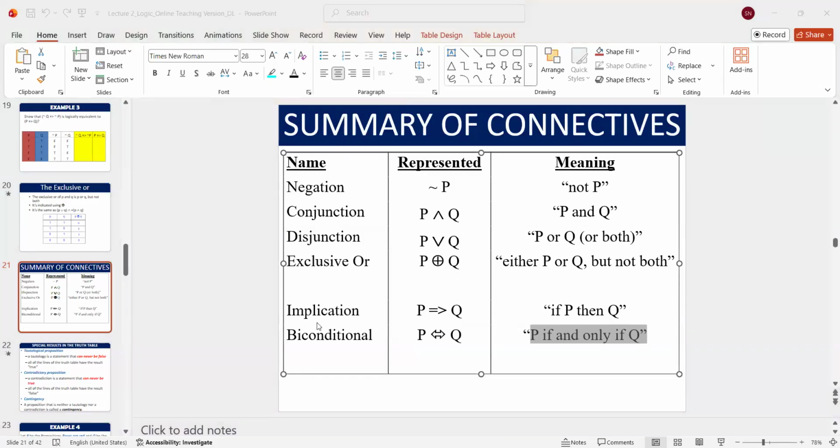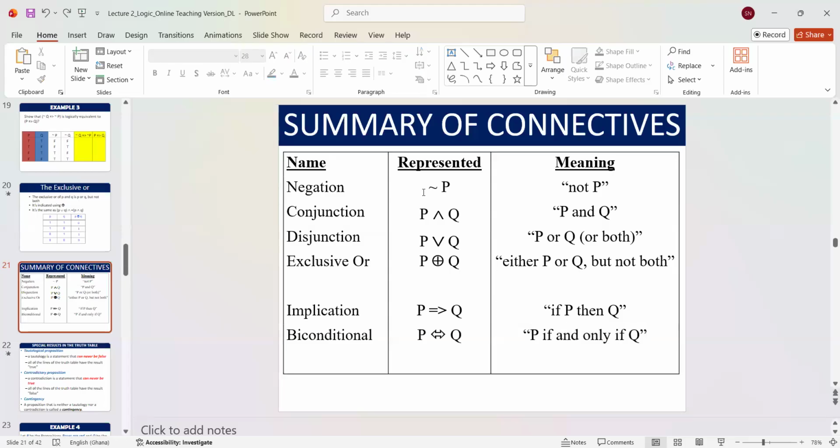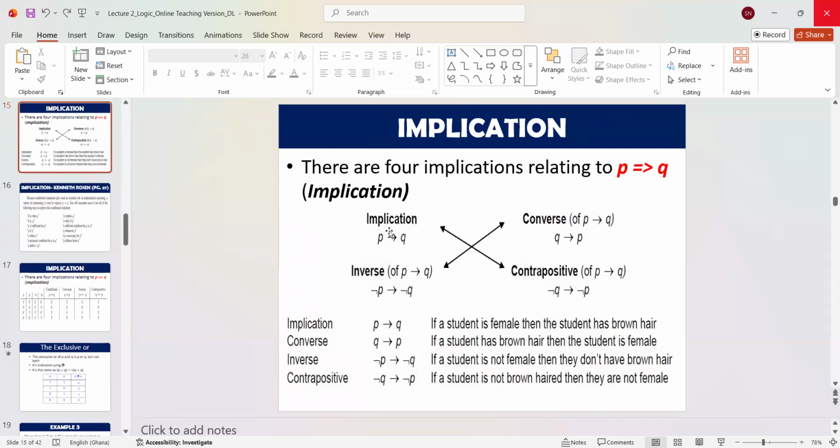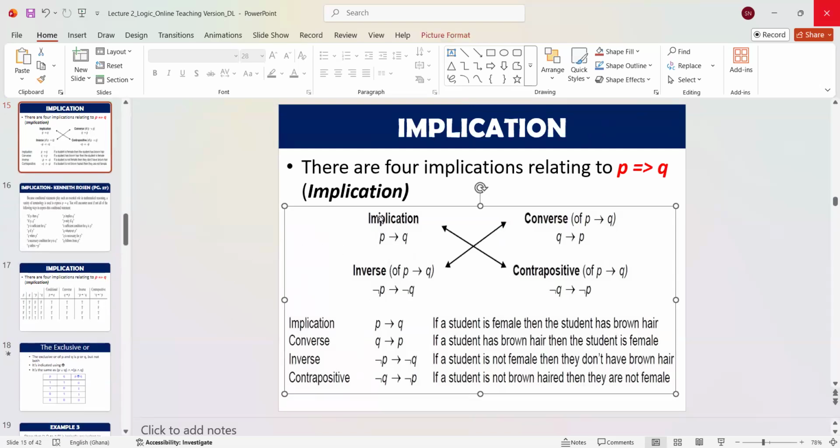And then the last one is P implying Q. Now this connective, like I said, is one of the connectives that is very important and has so many names. You can have P implying Q, called implication. You can have Q implying P, called converse.